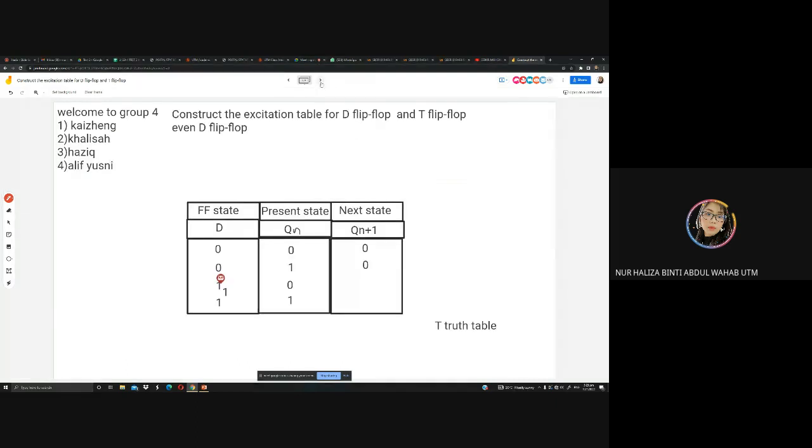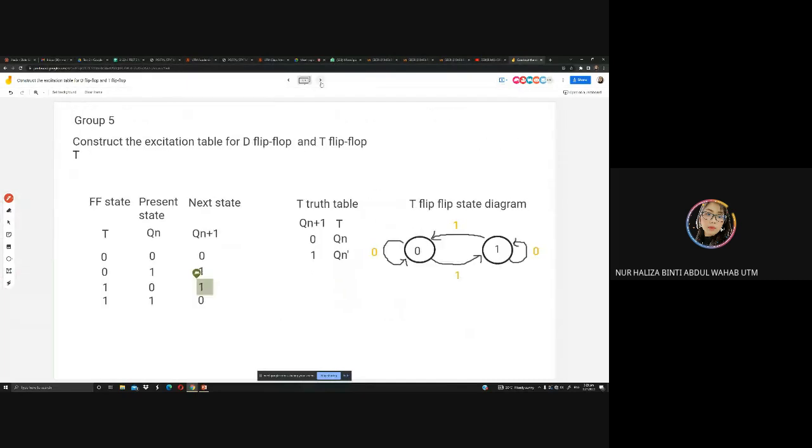Next, for group number 4, not finished yet. Group number 5, this is T flip-flop. You have the toggle things over here, and this one is similar to Q n. Then you can conclude like this, similar.